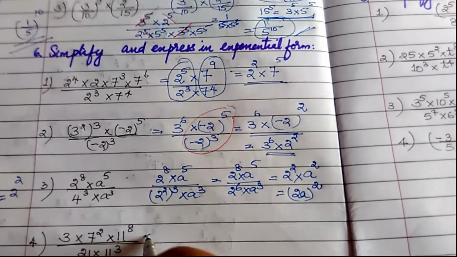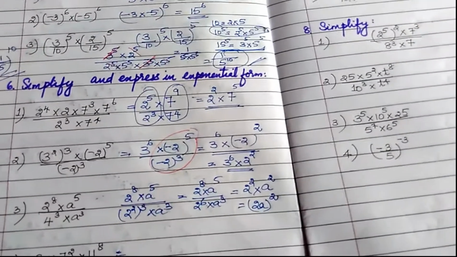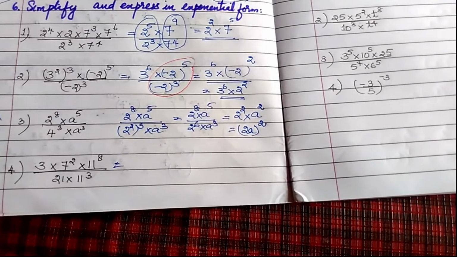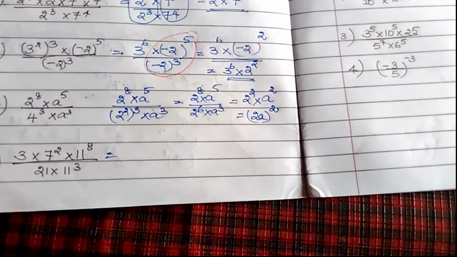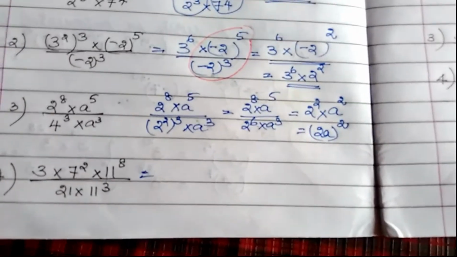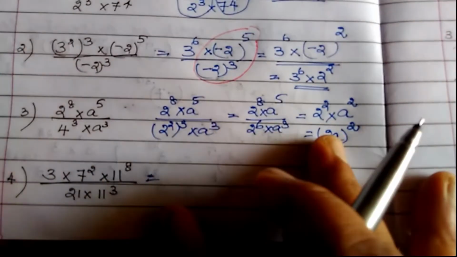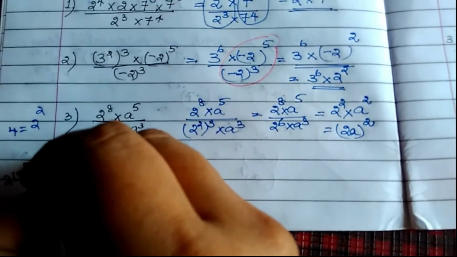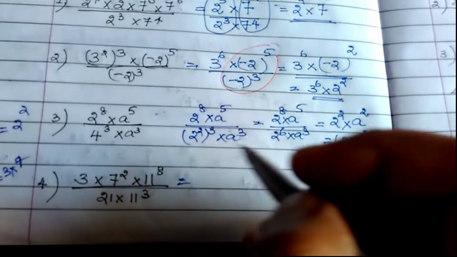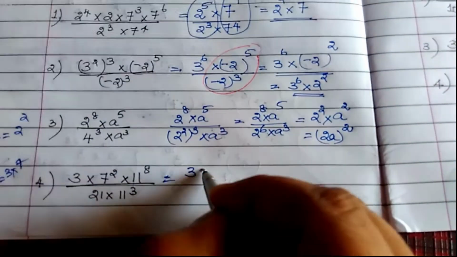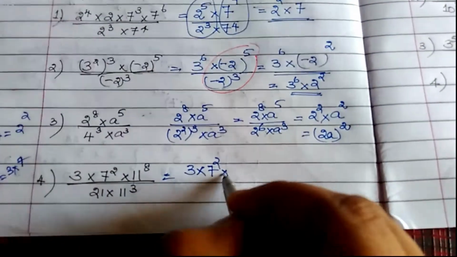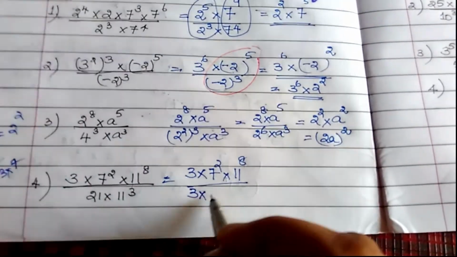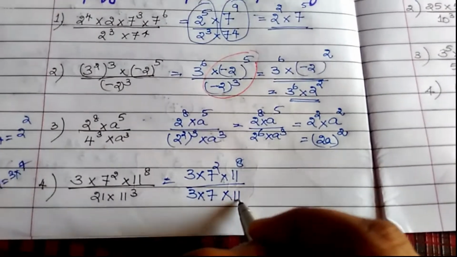Okay. Now next one is 3 into 7 square into 11 to the power 8 upon 21 into 11 to the power 3. Here this 21 can be split into 3 into 7. Okay. So that is equal to 3 into 7 square into 11 to the power 8 upon 3 into 7 into 11 cube.